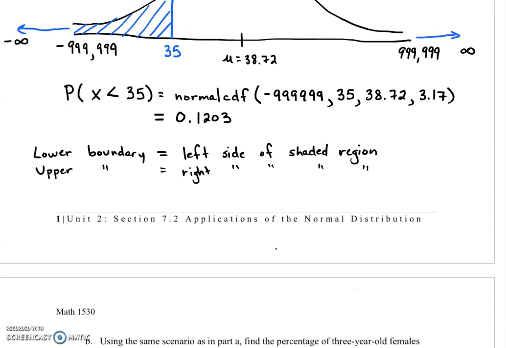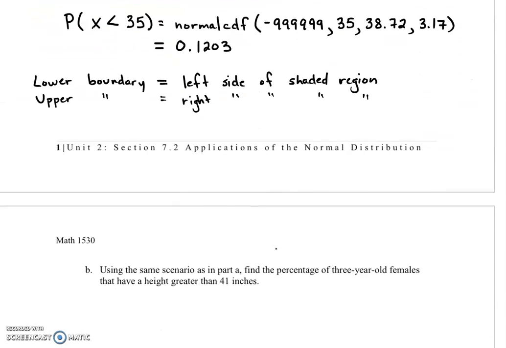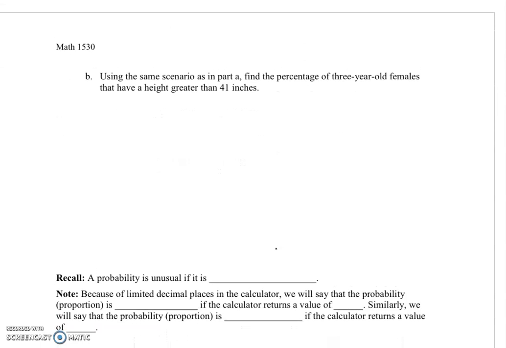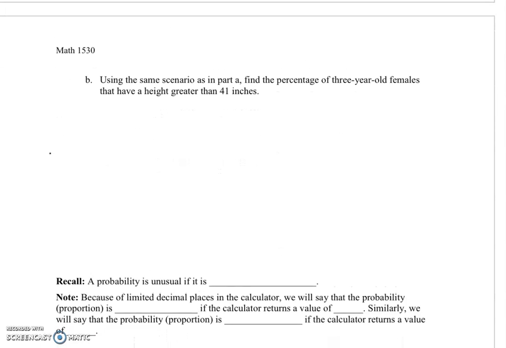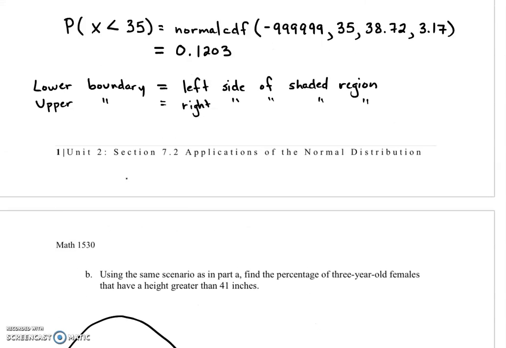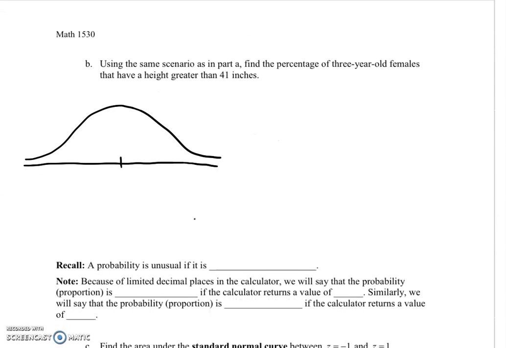Okay, so let's use the same problem, but this time we want a height greater than 41 inches. So let's draw our picture. There it is. We have 38.72 is the mean.